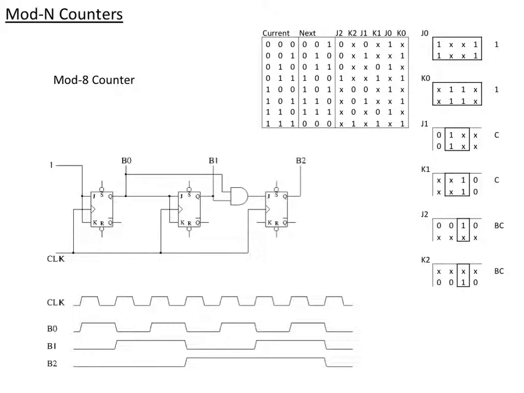And before I had turned off Q2 as soon as it was turned on, but here I leave it on for a little longer, and I realized that I forgot a line. K2 and J2 are the same here, so I forgot to draw that line on. So it's on until, what that last bit does, Q2 stays on until both Q0 and Q1 are on again, and that's when it gets the signal to turn off.